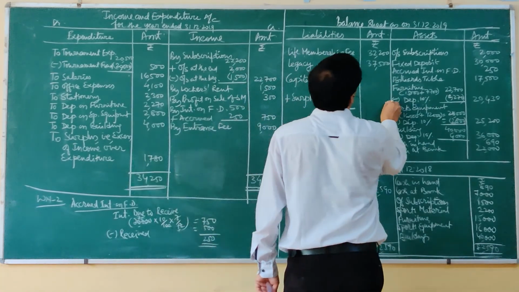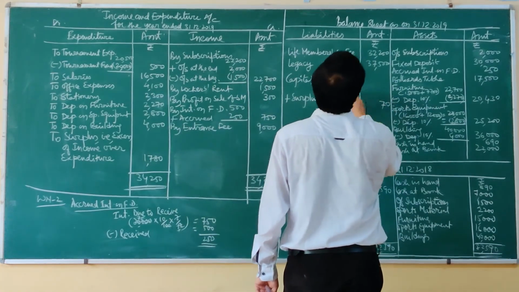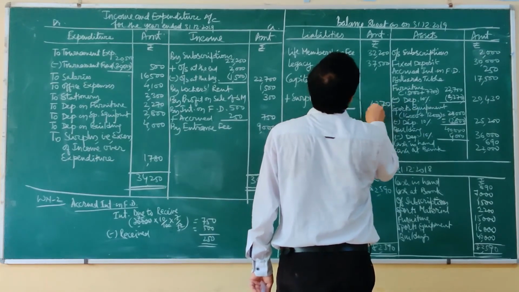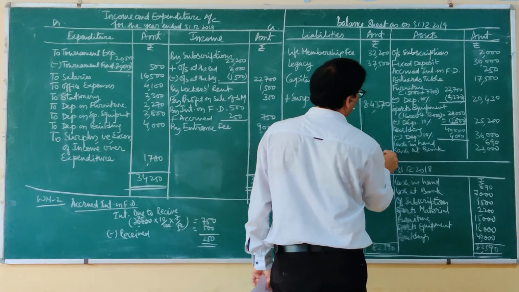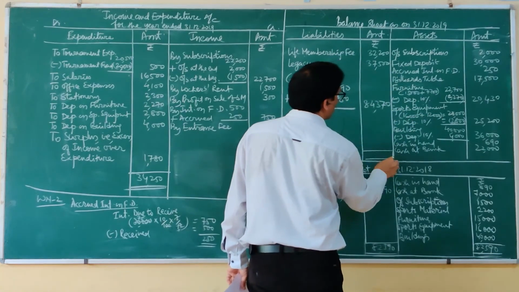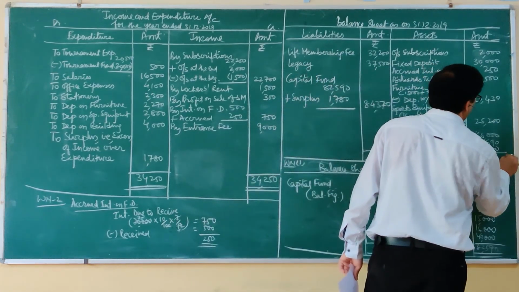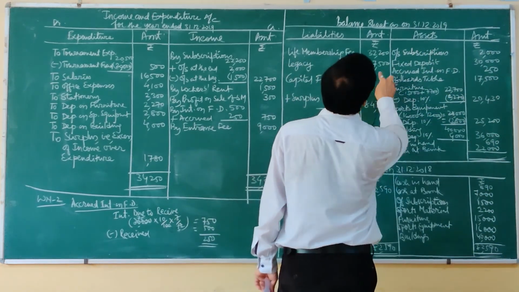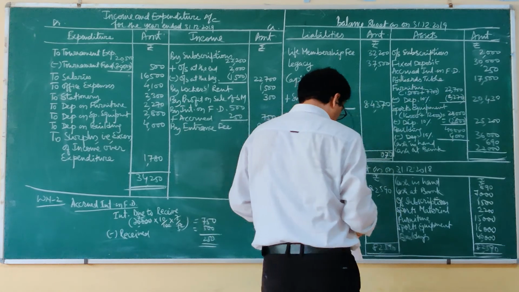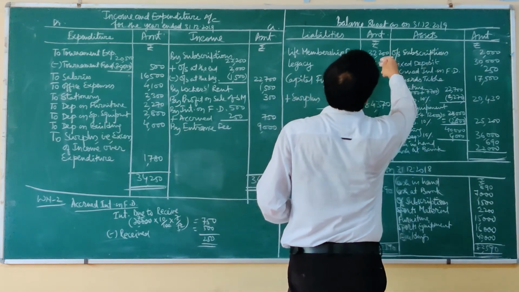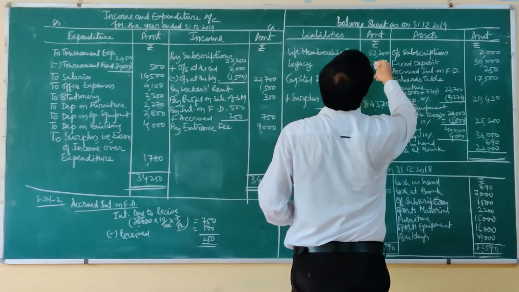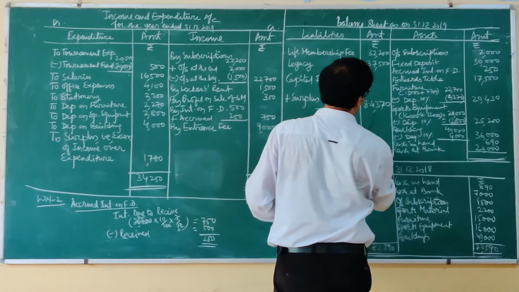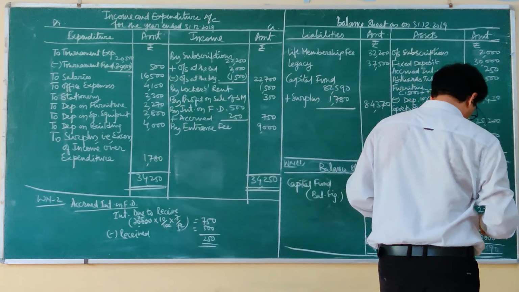Let us see what total comes here. It comes to 84,370. And the total of the balance sheet: it is showing 154,070.